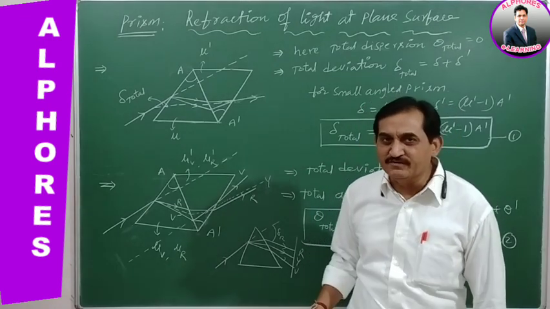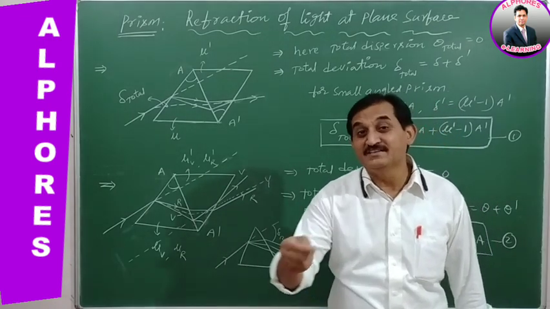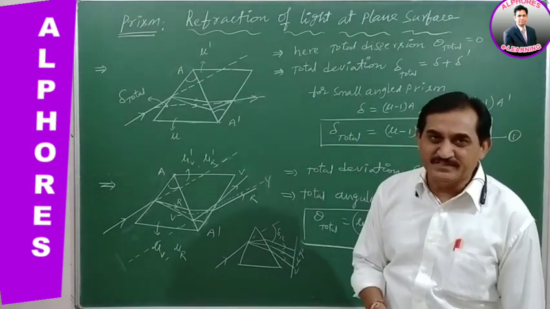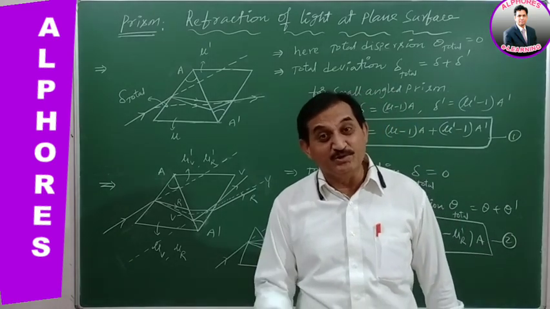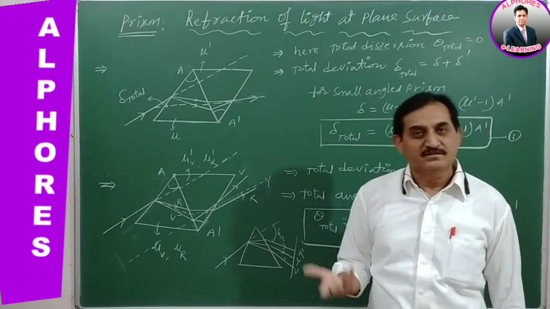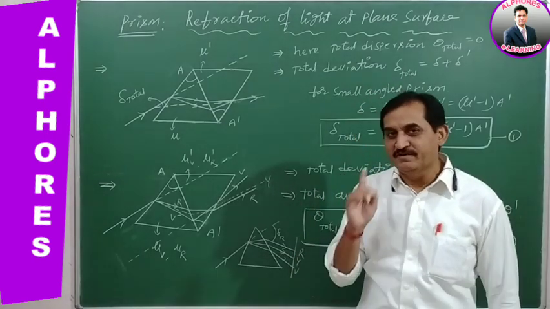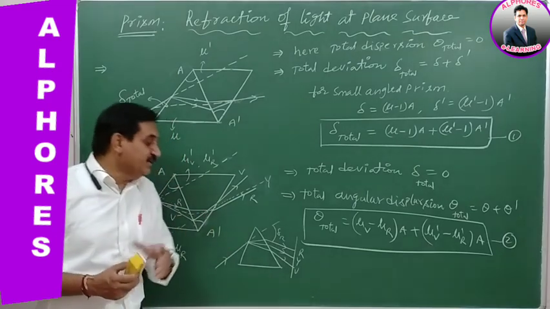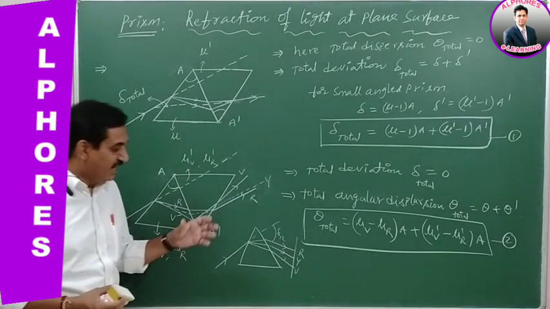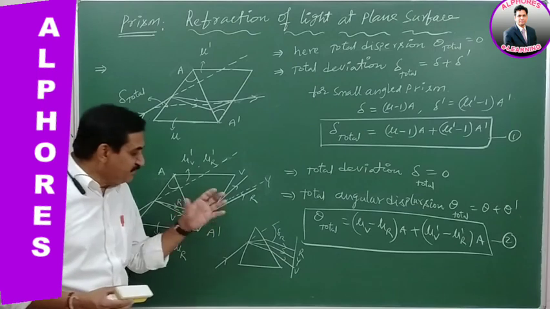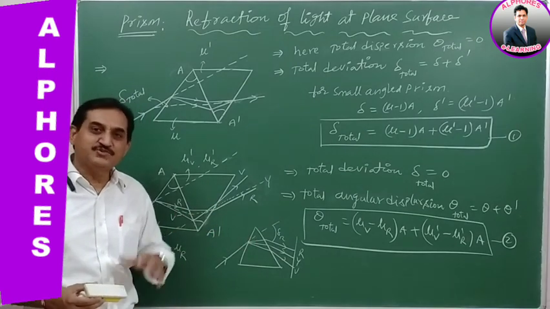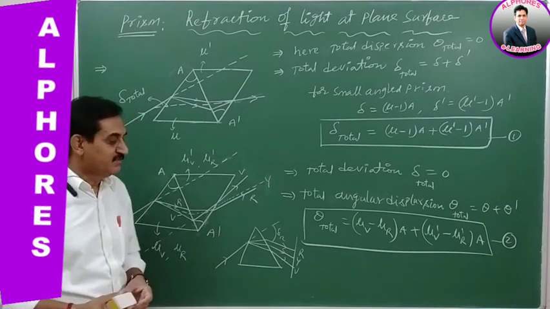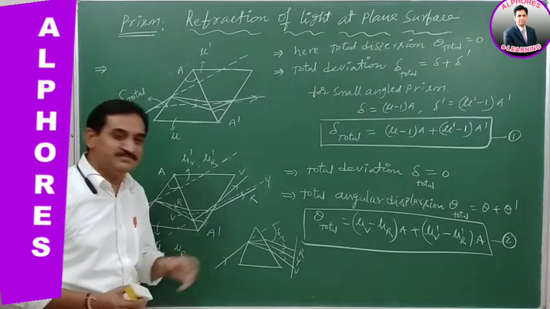Suppose it is only giving the dispersion, avoiding the deviation, that is not possible. A single prism giving the deviation alone without dispersion is also not possible. So if anybody wants only the dispersion of light, they should avoid the deviation. So what to do? That is not possible with a single prism.